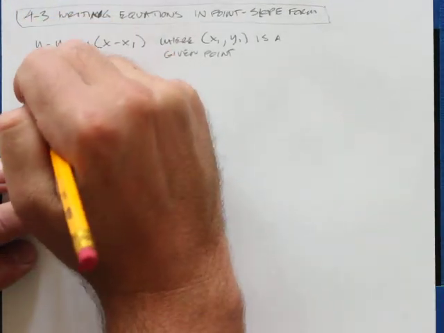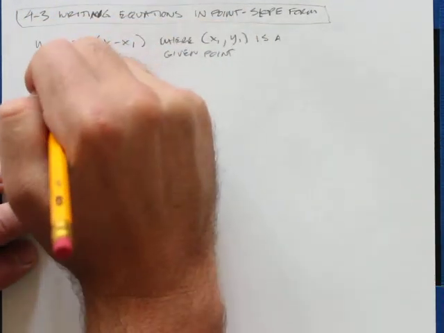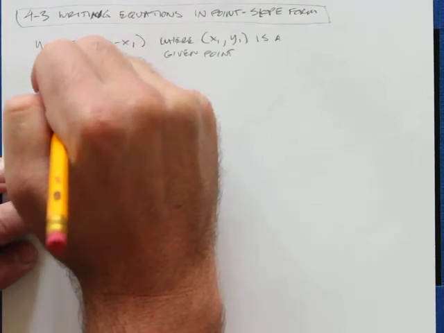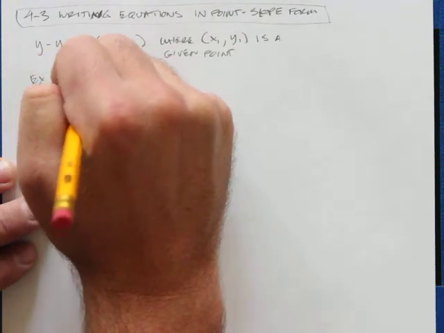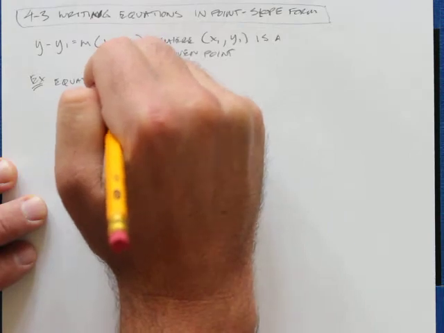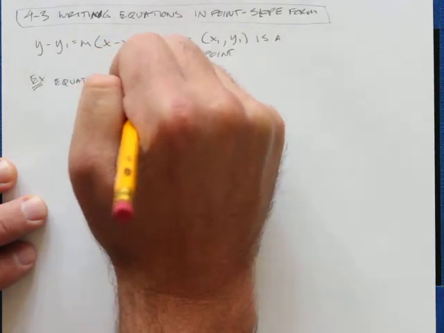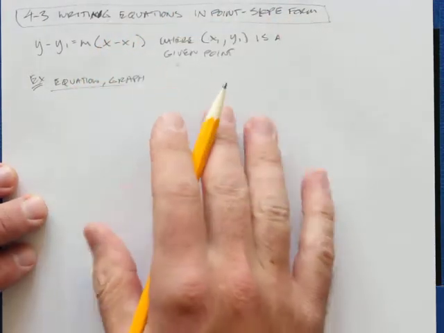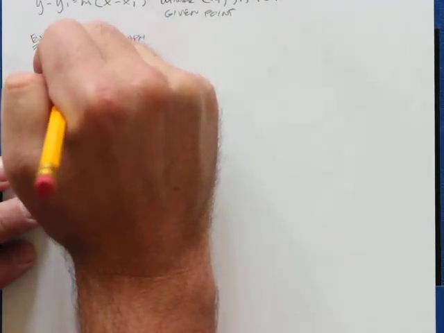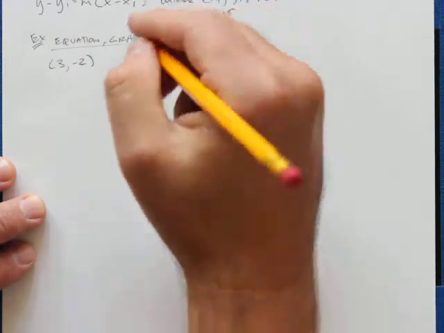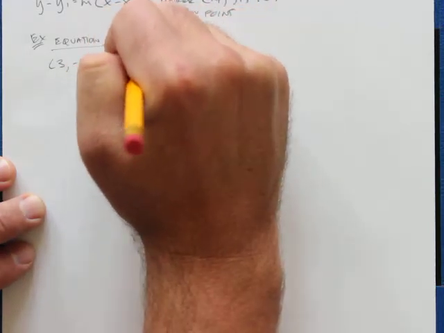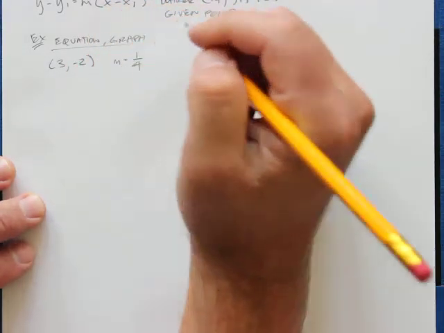So let's do an example. Here we're going to write an equation and graph it too. I'm given a point that is 3, -2, and my slope, which is 1/4.